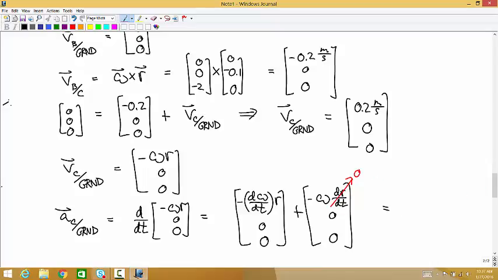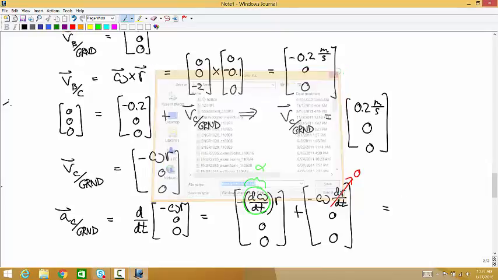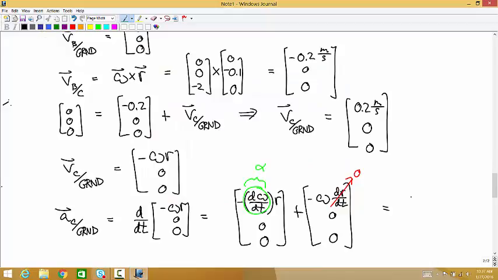And d omega dt is alpha. So you just get negative alpha r.